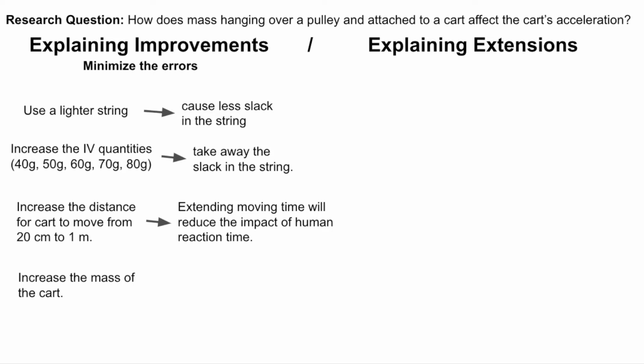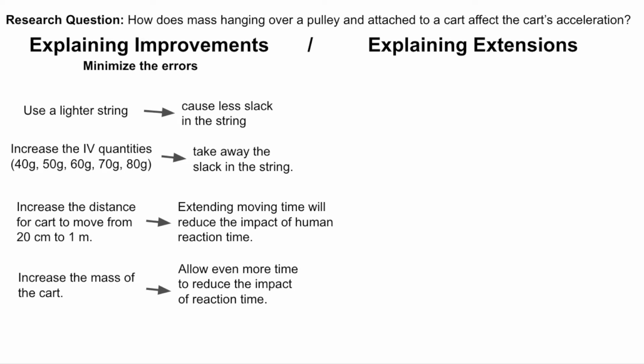This is from Newton's second law. If you have something that's heavier, that means it's going to accelerate slower, assuming that the force is the same. So increasing the mass of the cart will allow us to have even more time that the cart is moving, so that'll help us reduce the reaction time.